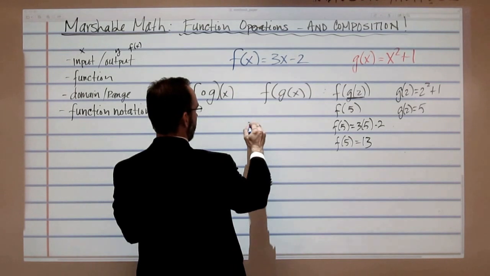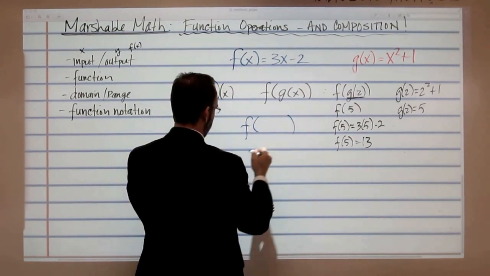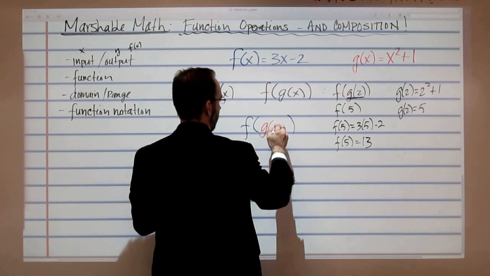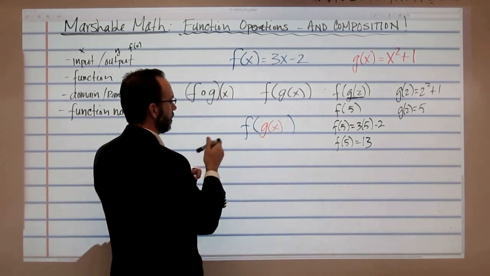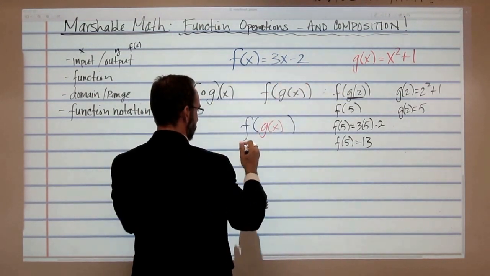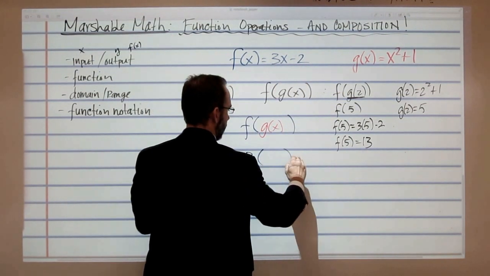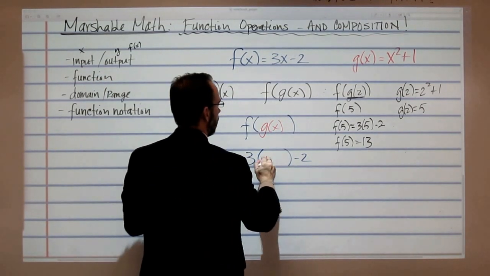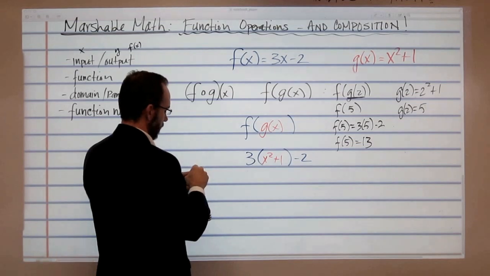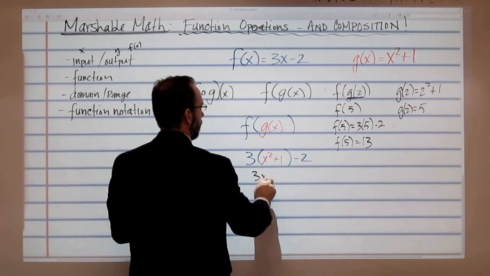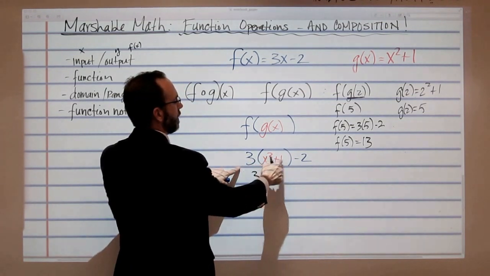Let me do this in color here now. F of g of x, which is f, 3x minus 2. So 3 times an input minus 2. What's my input? X squared plus 1. If I simplify this all together now, I'm going to get 3 times x squared plus 1, minus 2.